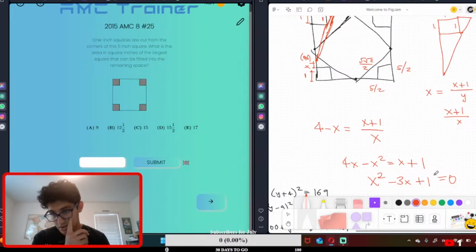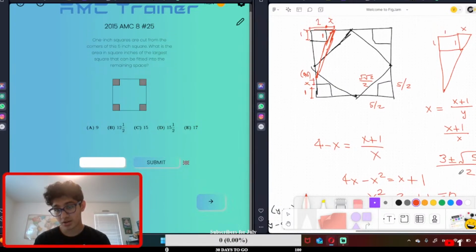And yeah, you can't really simplify this. It's going to have a radical in it. Right, let's see. 3 plus minus the square root of 9 minus 4. So 3 plus minus square root of 5 over 2. Actually, I don't even know if it's plus or minus here because they're both positive.